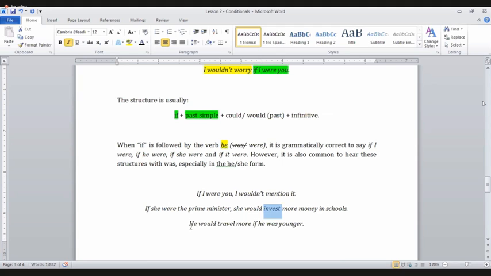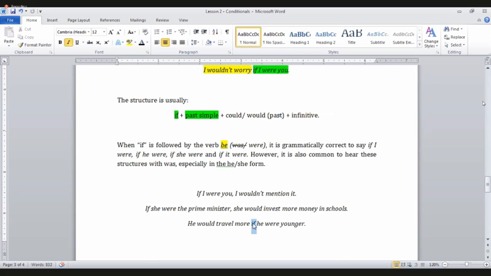In the third sentence, if he, what is the if clause here? If he was younger. So the grammatically correct if clause should be if he were younger.